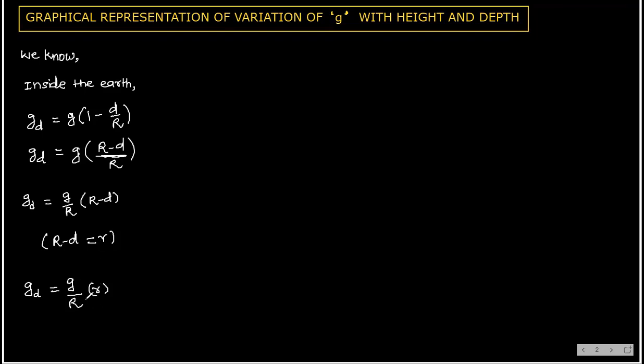As g and R are constant, can I say that g_d is directly proportional to small r? Yes or no? Which I have assumed as small r.